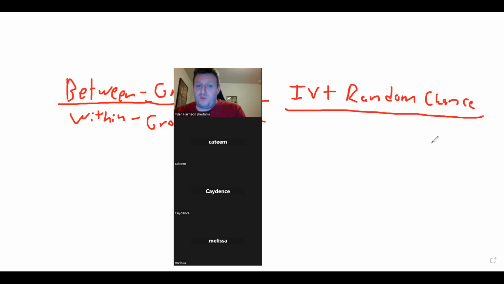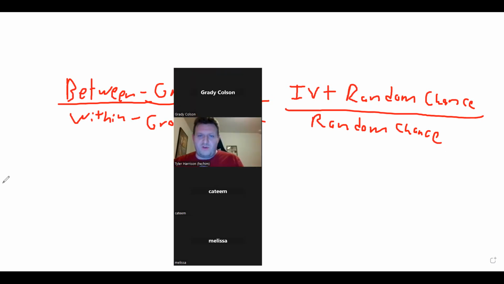Why do people differ within groups? Well, people differ within groups just due to random chance. And this random chance in an ANOVA is calculated so that it should be about the same here and here. So if the IV has a big effect, my F statistic is going to be what?